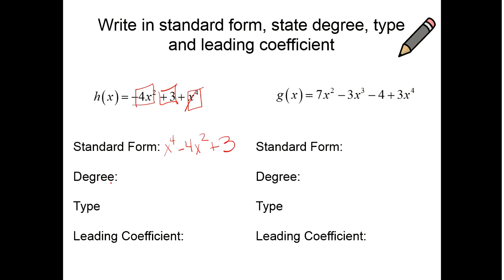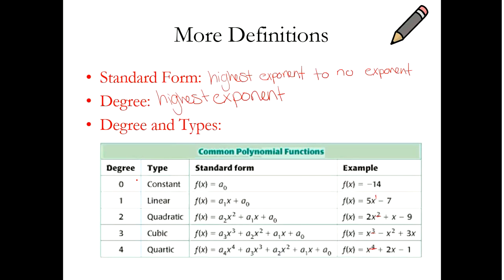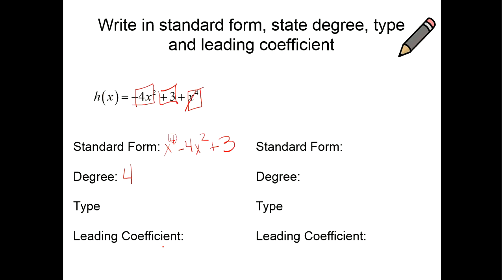This really helps me find the degree, because the degree right here is this 4. It's the highest exponent. So my degree is a 4. So if I look back on your notes, that little table, since it is a fourth degree, it is a quartic polynomial.